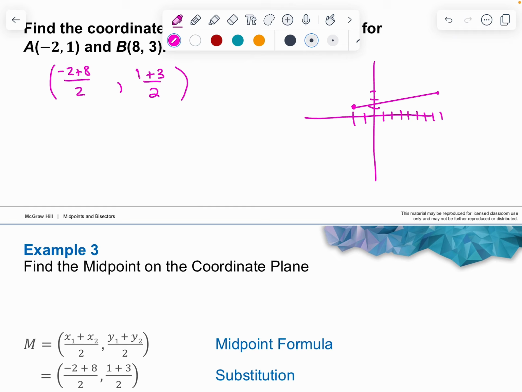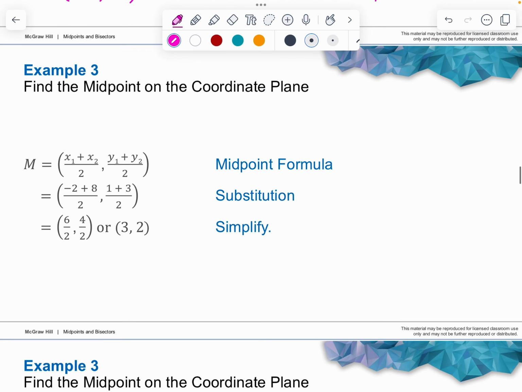As we work that down, -2 plus 8, we get 6 over 2, which is going to be 3. And then we get 4 over 2, which is 2. So we get 3, 2. 1, 2, 3, and 2. There we go. We get a point right there. That's our midpoint, 3, 2.